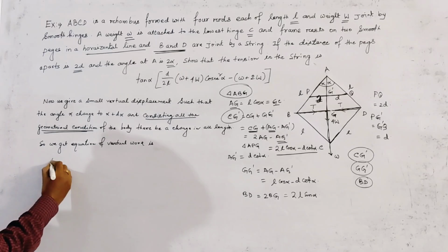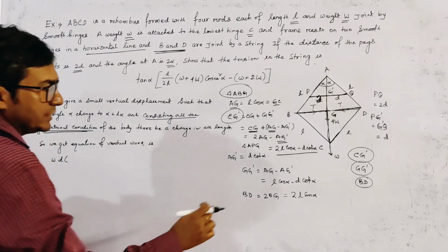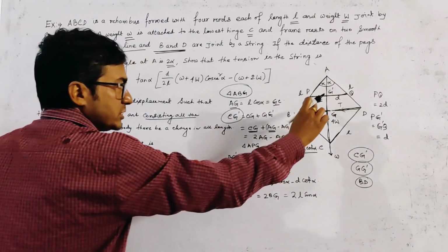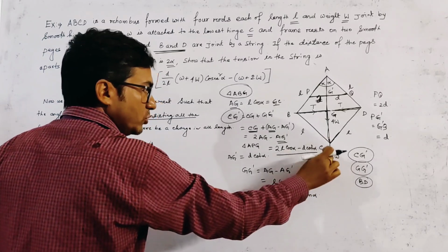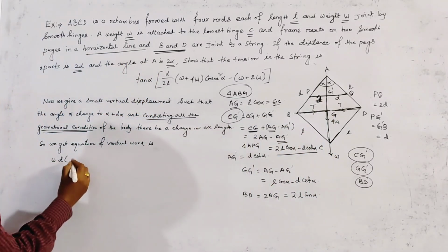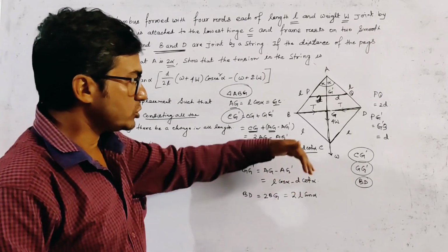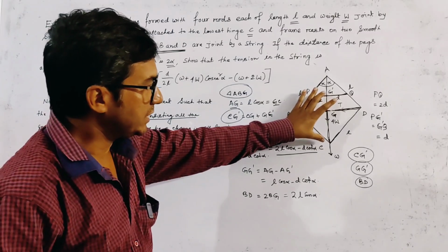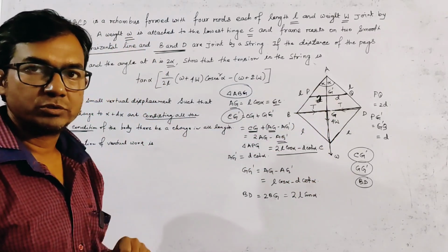The first force is W, and the small displacement is d of CG'. The length from G' to the force W is G'C, so we write d of G'C. This is a positive force because the force acts vertically downwards and the length of GC must be increased by the force.